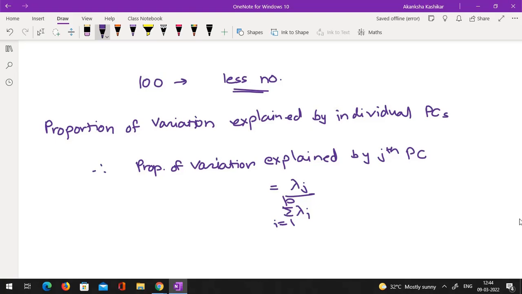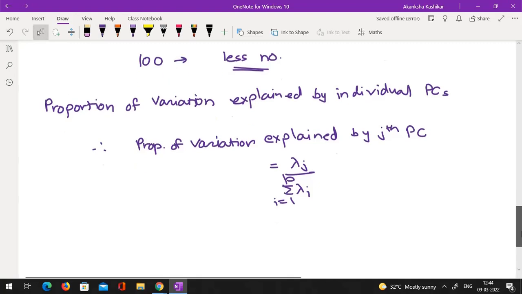Because the first PC is most important, it will explain the highest proportion of variation. The second PC will explain the second highest proportion of variation, and so on.